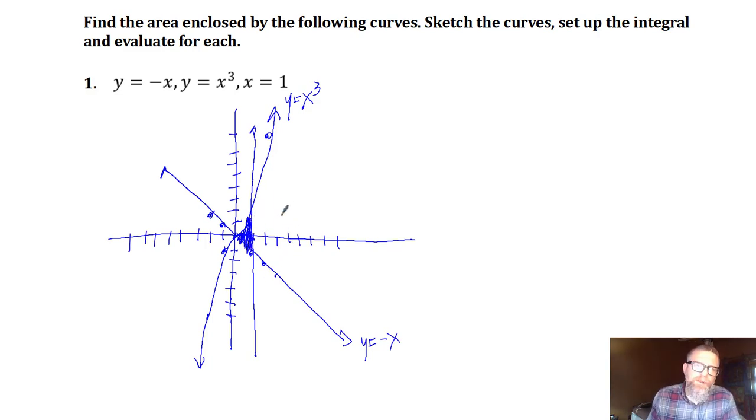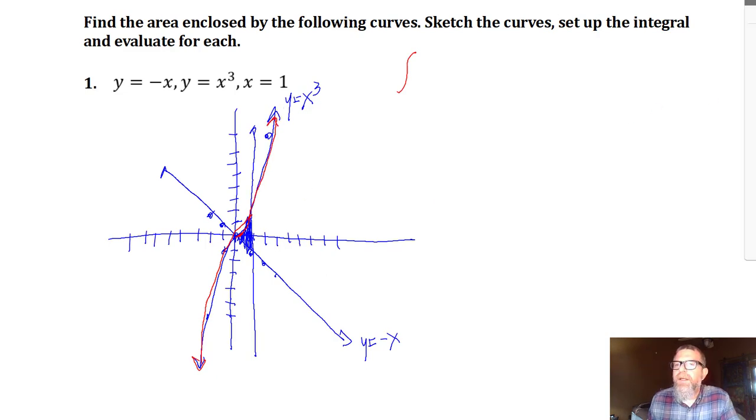Now, you can see this from looking at the graph that we're going from 0 to 1. Now, which one is on top of which other one? So this one right here, x cubed, is this one right here.